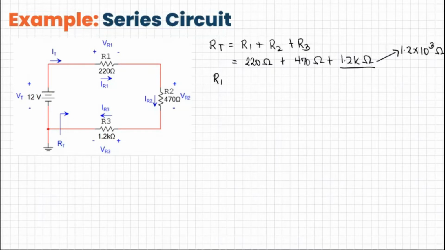So, the total resistance is equal to 1.89 or 1,890 ohms. Pag scientific notation, 1.89 times 10 raised to positive 3 ohms. Or, kapag engineering notation naman is 1.89 kilo ohms.